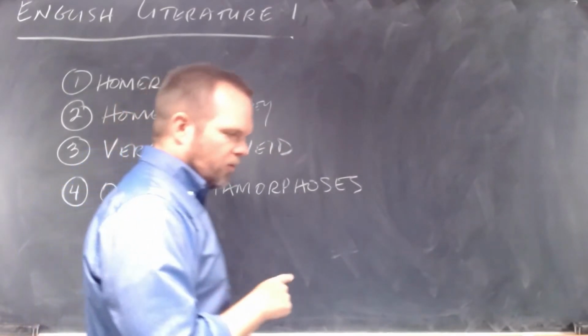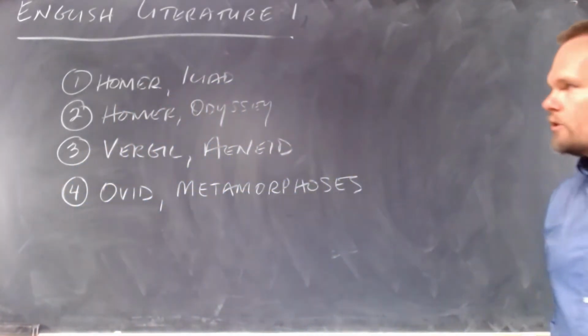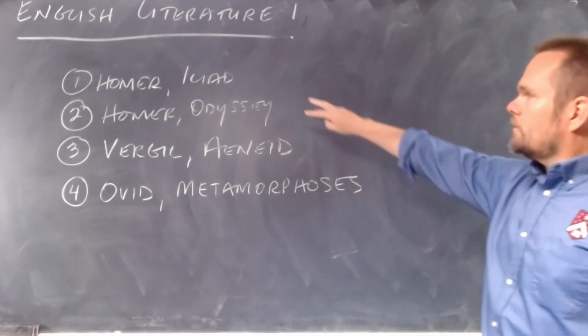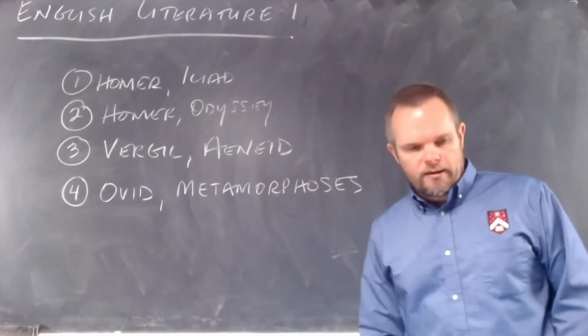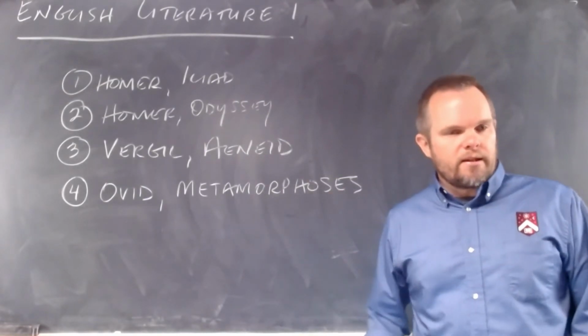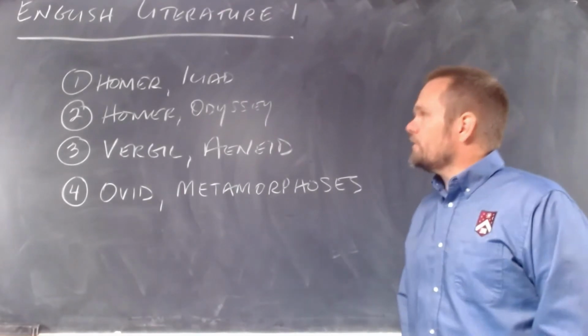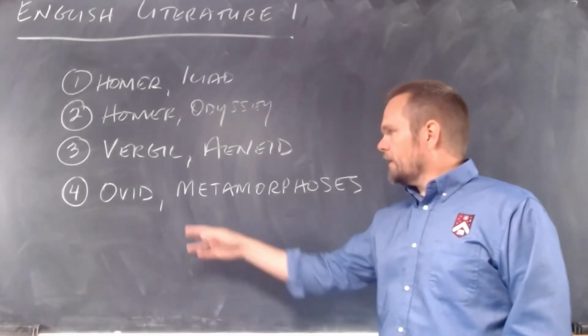Those are the 4 books that we're going to study in English Literature 1. 2 works that are Greek, 2 works that were originally Latin. All of them are going to be studied in English translation. Homer's Iliad, Homer's Odyssey, Virgil's Aeneid, and Ovid's Metamorphoses.